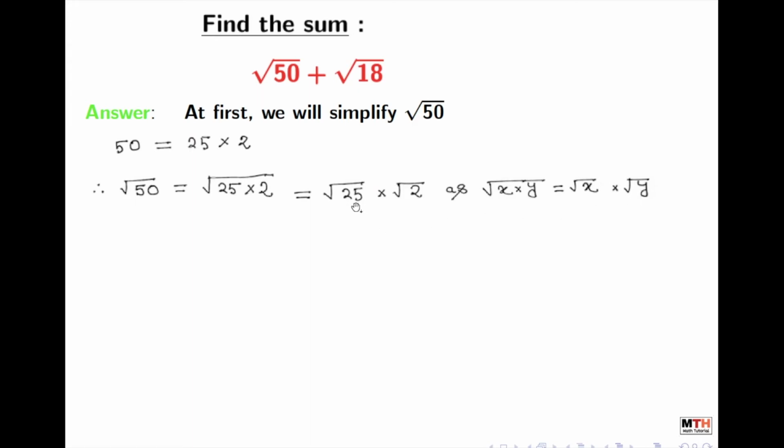Here x is 25 and y is 2. So we get square root of 25 is equal to 5, and write it as 5 times root 2. That means 5 root 2. That is the value of square root of 50.